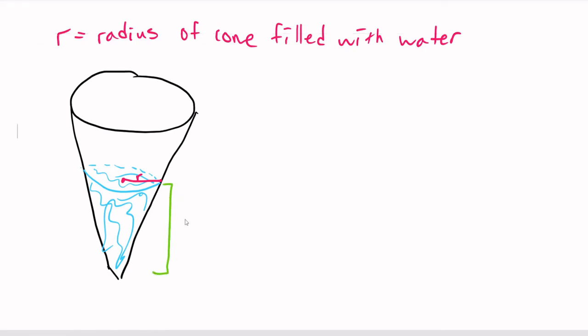Not the total height of the cone, but the height of the water cone. So there's a big cone structure that's empty to start, and then as we fill up, that fills up evenly throughout so that there's a water cone in blue there. Okay, so H is the height of the water.